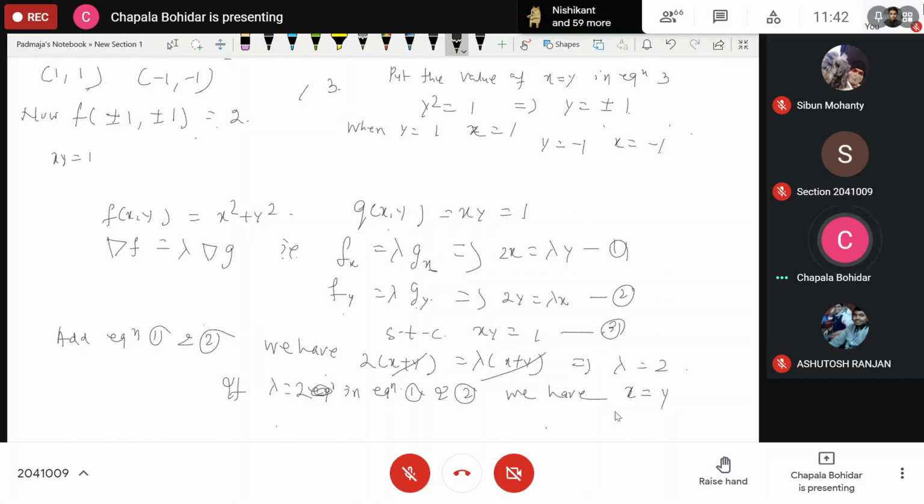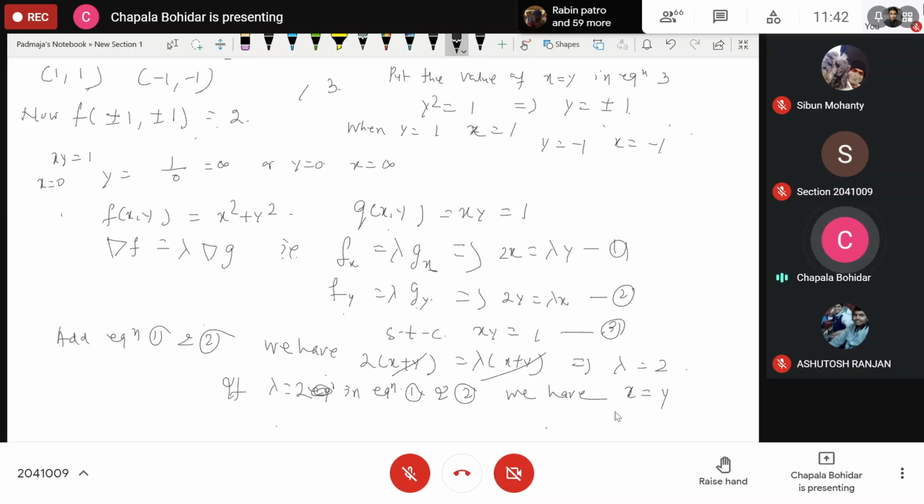So here, when x is equal to 0, we get y is equal to 1 by 0, which is infinity. Or if y is equal to 0, then the value of x is equal to infinity.